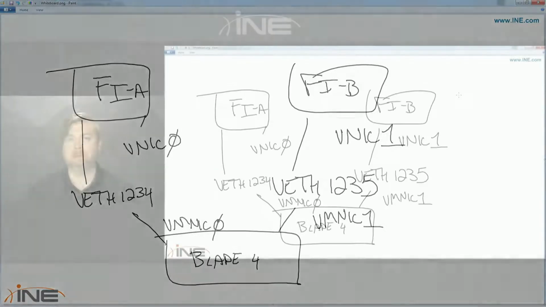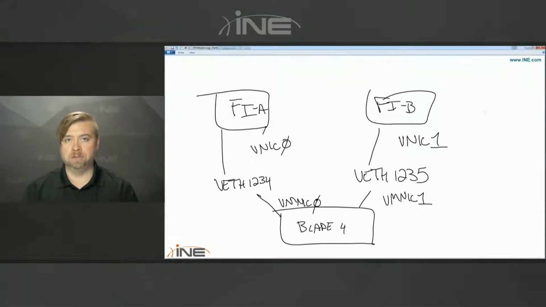This is from a troubleshooting point of view: if it's 3 o'clock in the morning and you're trying to troubleshoot a connectivity problem to the server, and 0 maps to 1 and 1 maps to 0, it's going to be overly confusing to figure out the actual traffic flow. And the key here is that when the server boots up, you don't always place the network cards in the order that they're numbered. You would assume that VNIC 0 comes first, but it's not always the case.